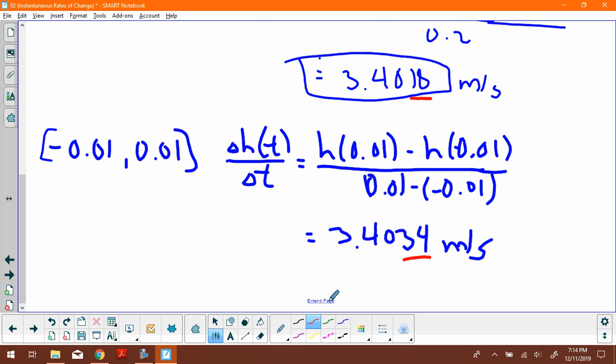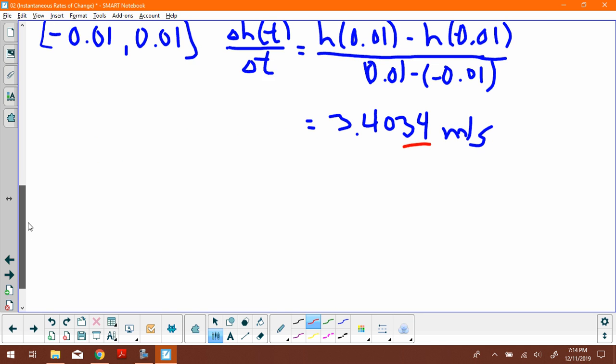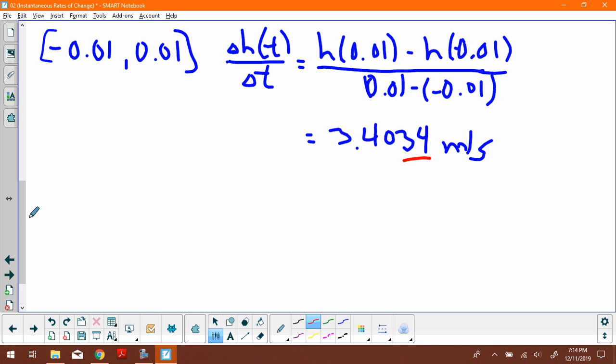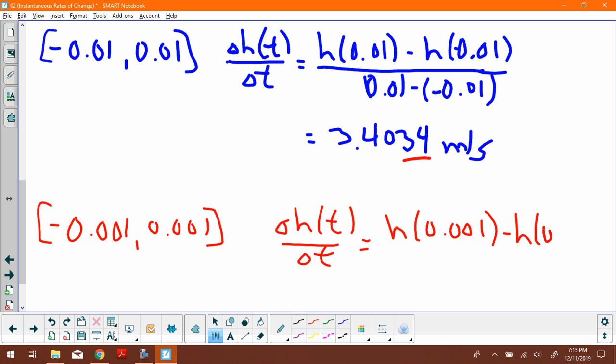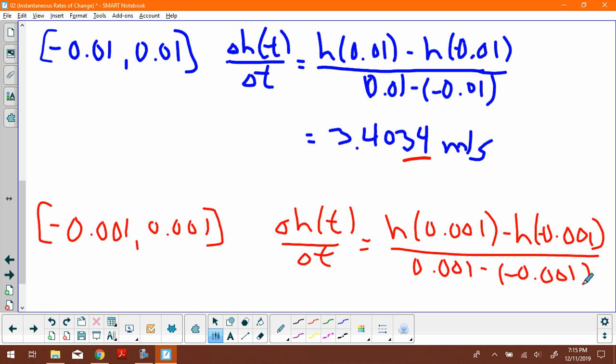So to verify that this is the rate of change, I'm going to do it again. So I'm going to go to the smaller interval now and see what happens. What if I do this between negative 0.001 and 0.001? So same process. h of 0.001 minus h of negative 0.001, over 0.002. So what do I get this time?